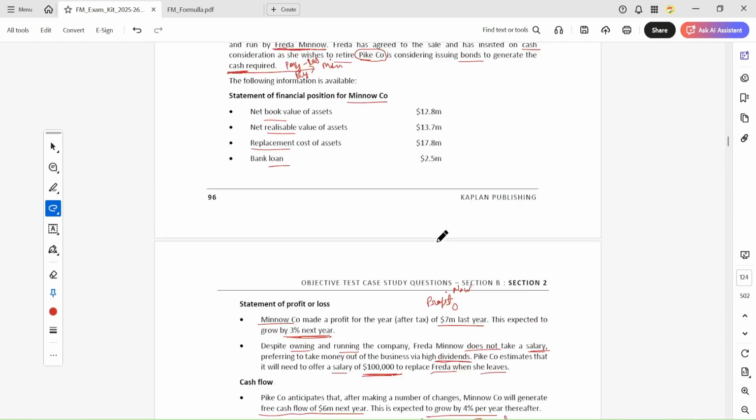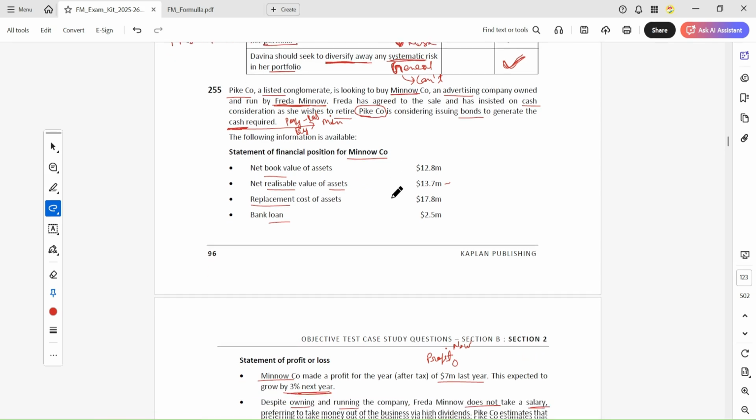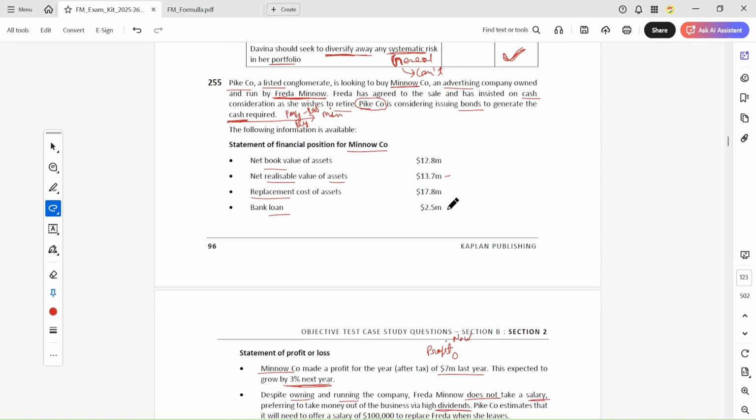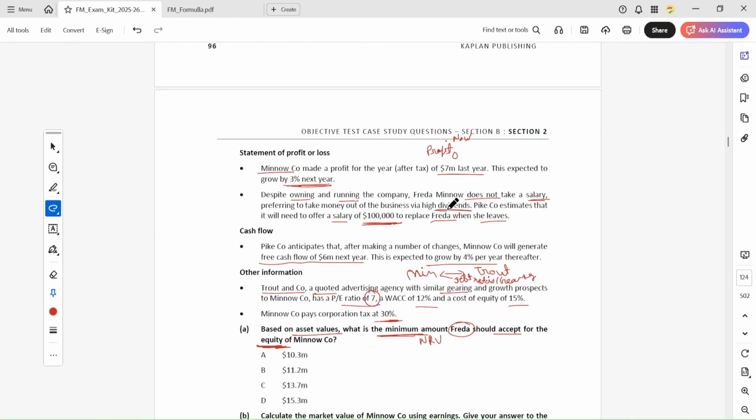The net realizable value of assets is 13.7, but this is only for the assets. We have to deduct the liabilities as well. The bank loan is 2.5, so 13.7 minus 2.5, we will get 11.2.